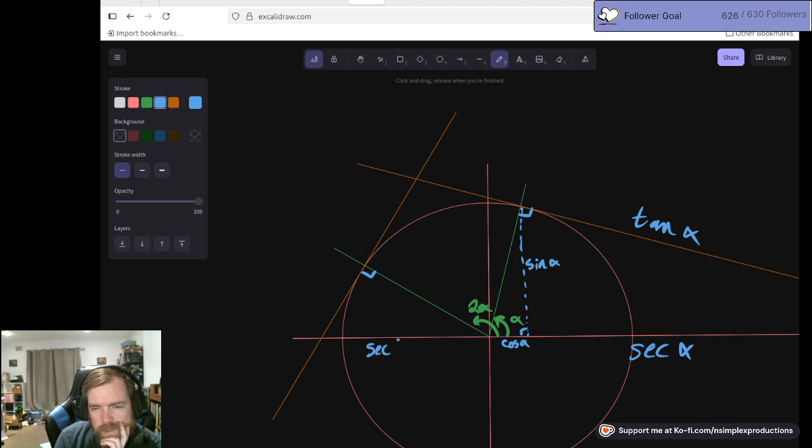This is secant 2 alpha, tangent 2 alpha. Cosine 2 alpha, sine 2 alpha. And naturally those are 1s.